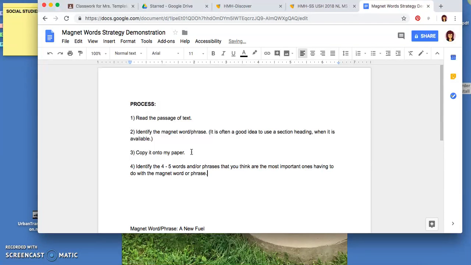Now this can be hard because you might worry like, oh, what if this isn't the right word? Or I'm going to miss something. Let me tell you that my experience in seeing students do this so far shows that even when they choose different words, they tend to get it. So don't worry about choosing the quote-unquote right words.